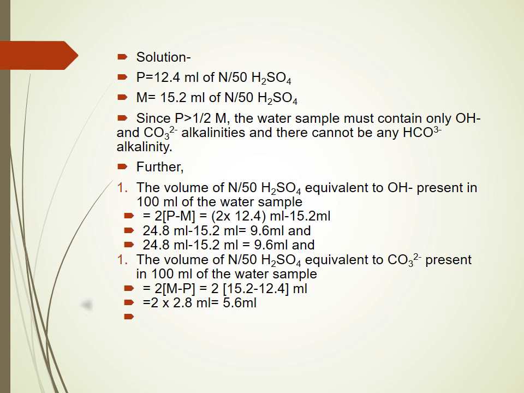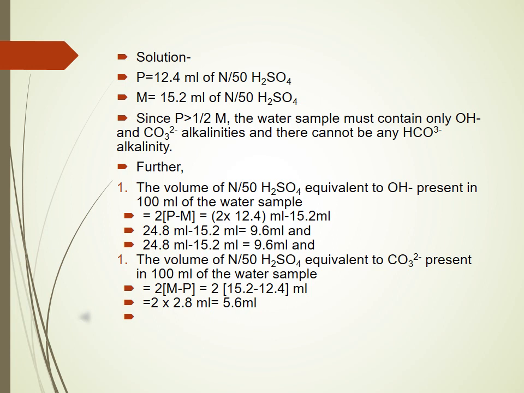It means the volume of the N/50 H2SO4 equivalent to the OH⁻ ions present in the 100 ml of the water sample is determined by the formula given in the column, that is 2P minus M. So just put the readings directly in this formula. 2 is as it is, then the phenolphthalein endpoint is 12.4, minus the methyl orange endpoint, which is given in the question as 15.2, and that's why the answer is 9.6 ml.